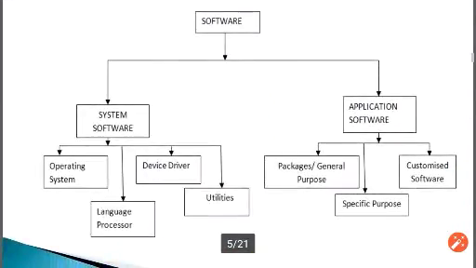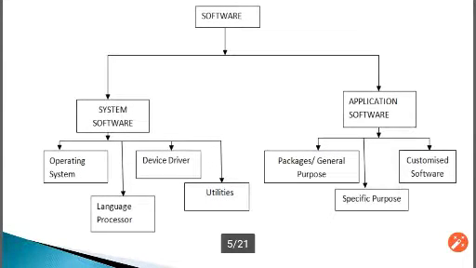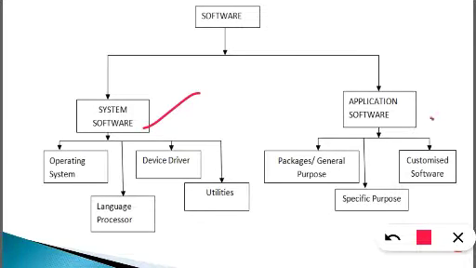Now let us see the types of software. Over the screen you can see the different types of software. They have got some categories. First it is system software and the next one is application software. The system software is then categorized into four types: operating system, language processors, device driver, and the last one is utilities.